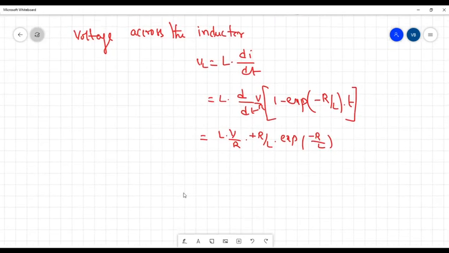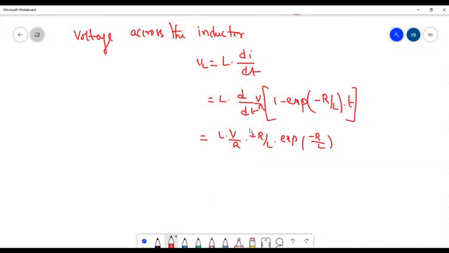So this is the derivative of exponential minus R by L into t. So finally, if you write this one, L will cancel out, R will cancel out. So V into exponential of minus R by L into t, which is exponentially decaying.